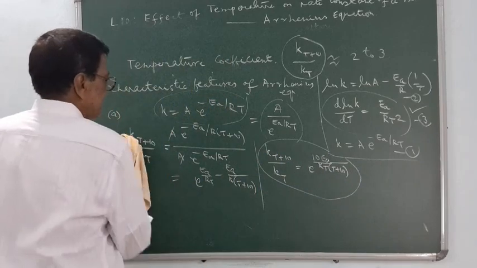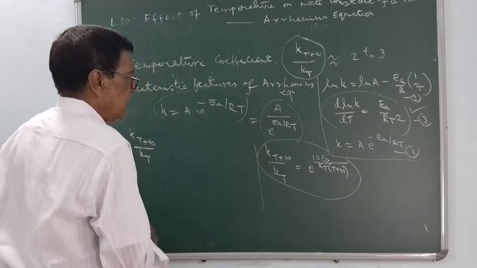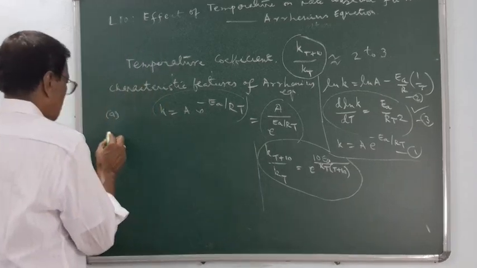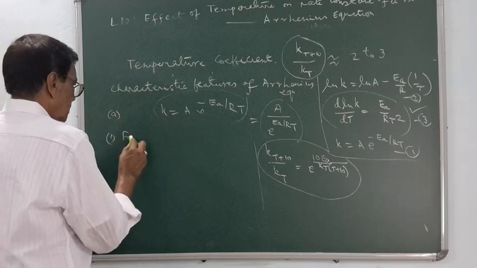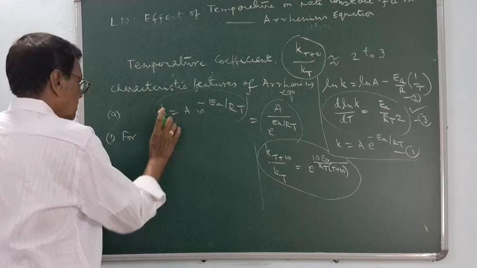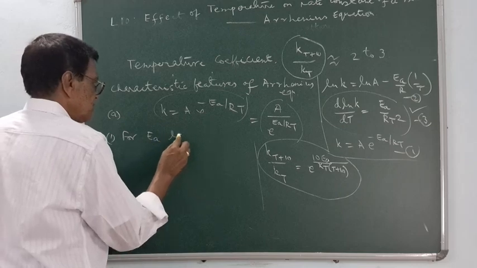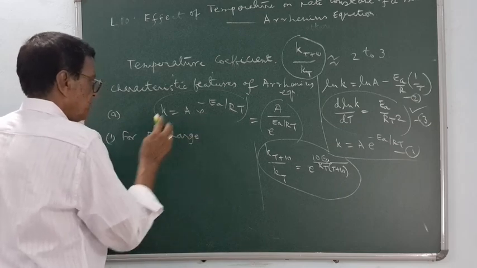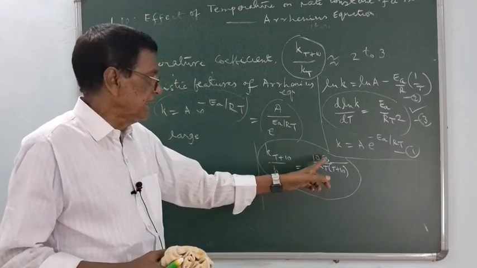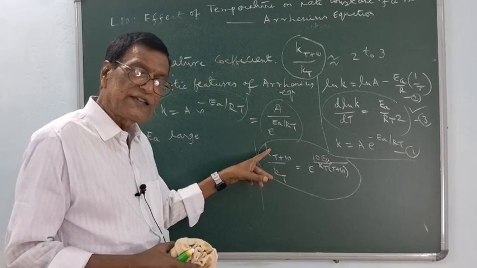Now we see, for a high value of Ea, for reactions having Ea large, this ratio is also high.